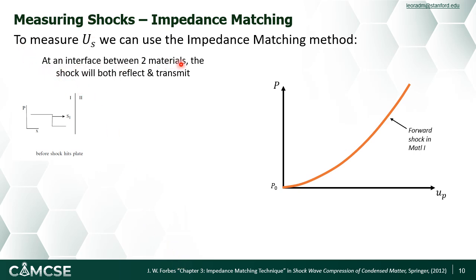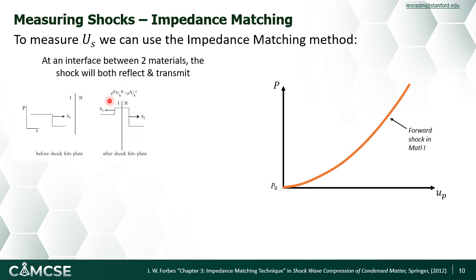So at an interface between two materials, here material 1 and 2, we find that the shock will both reflect back into material 1 and then transmit into material 2 once it reaches that interface.